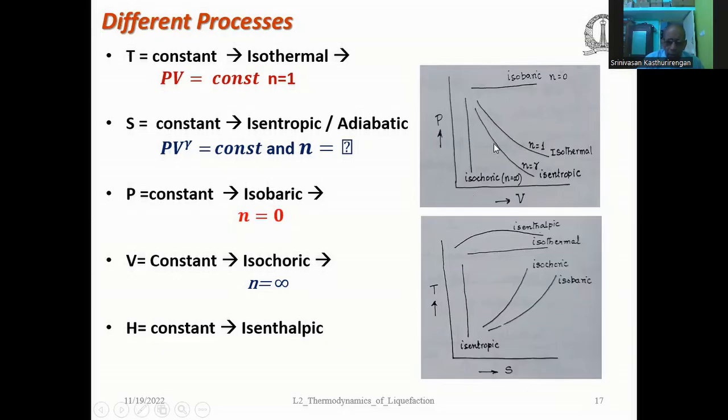Isothermal and isentropic processes are inclined like this, but isentropic will have a higher slope compared to the isothermal. The same thing can also be represented in the TS diagram, and you can see isothermal is a horizontal line, isentropic is a vertical line, and similarly isochoric and isobaric processes are inclined like this, and the isenthalpic process is also shown here.